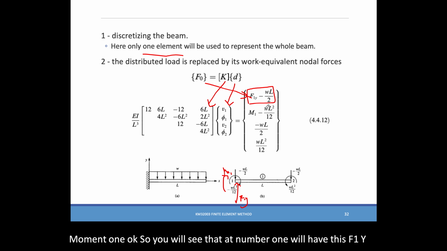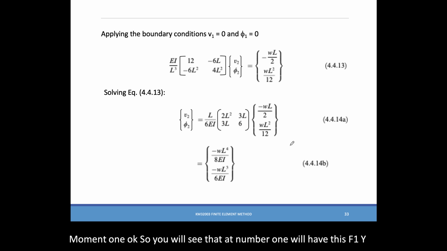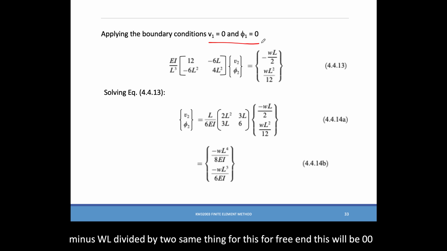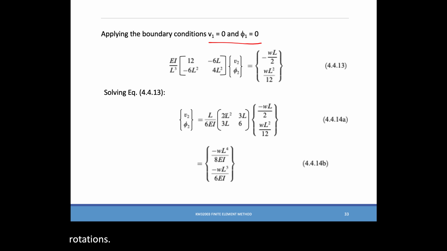Same thing for this, whereas at the free end this will be 0 and 0. So now we apply the boundary conditions for the fixed end itself. No rotation and displacement allowed, therefore we will now solve for the displacement and rotation at node 2, as given as such.